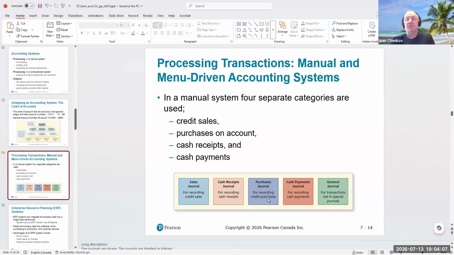Even if you receive the cash right away, you're still going to the sales journal and purchase journal in order for you to keep track of the vendors and the customers that you're dealing with. Then you're going to have a cash receipt journal and cash payment journal. Again, those are directly related to only cash received or cash paid. And then we have the general journal, which is for everything else.